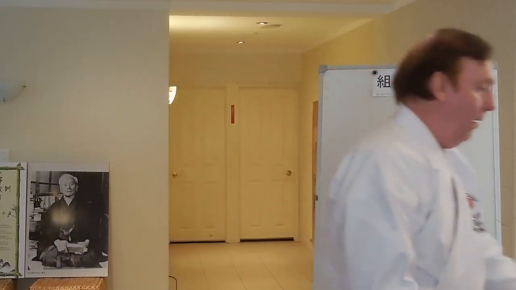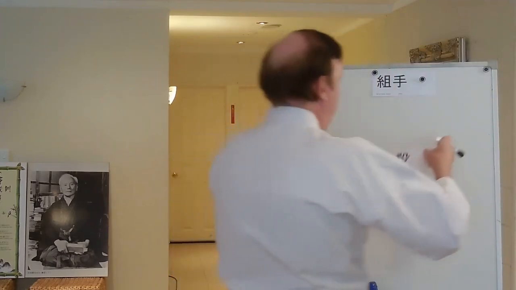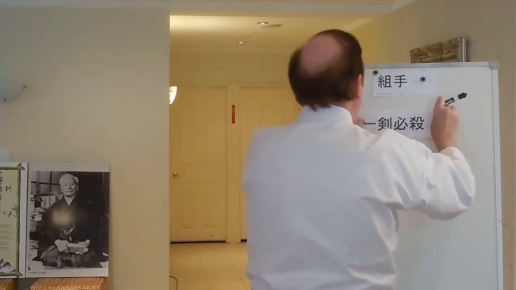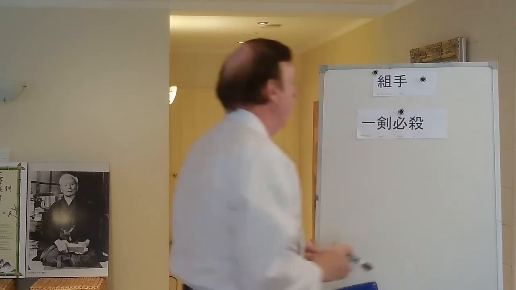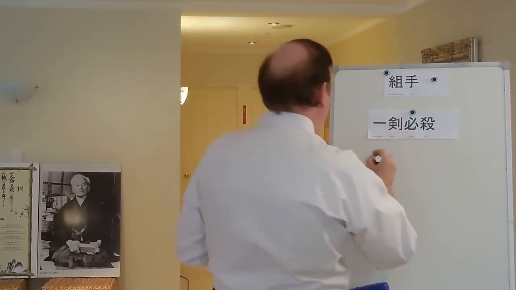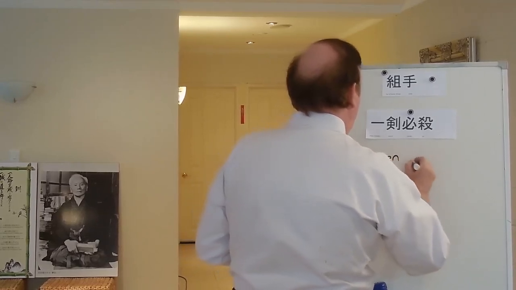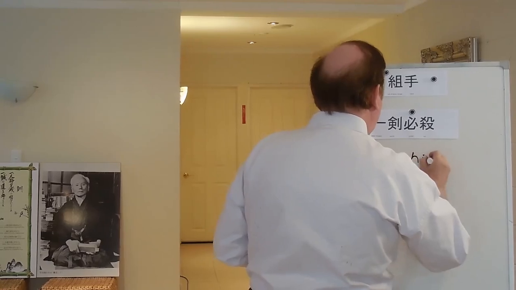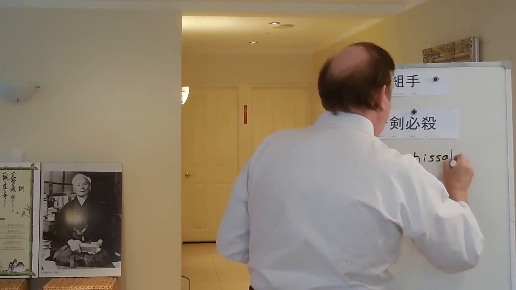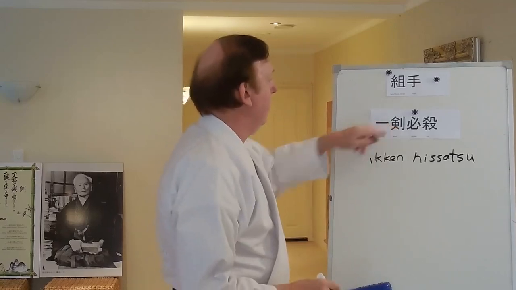So first of all, I'd like to take up the idea of the traditional one, as I was saying before. And in order to do that, we have to go back to the roots of the samurai. Now this phrase here is ikken hisatsu.